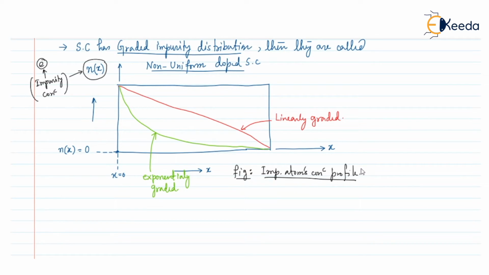For the time being we are assuming that we have doped with donor atoms, so near the x equals 0 region the electron concentration will be very high.